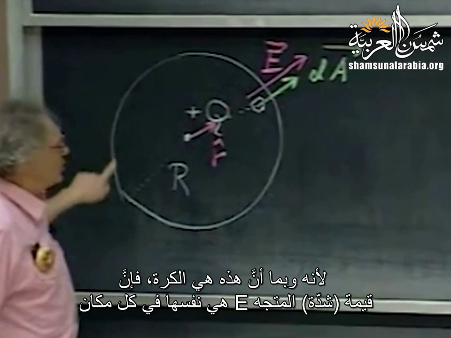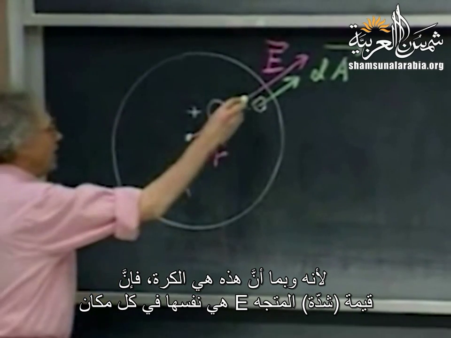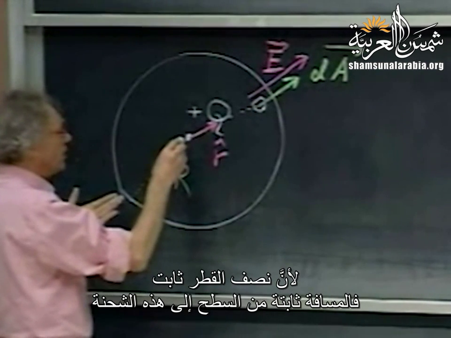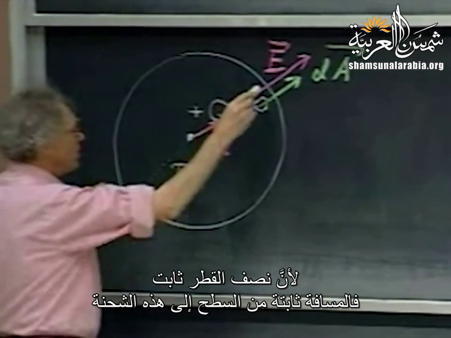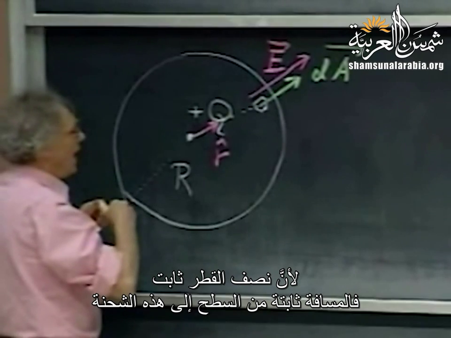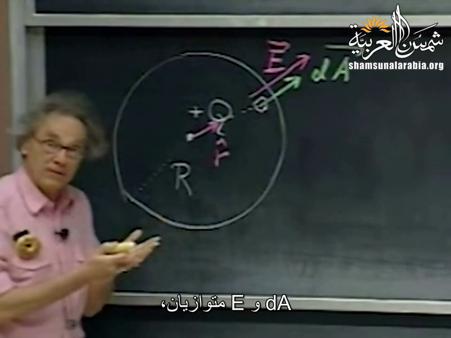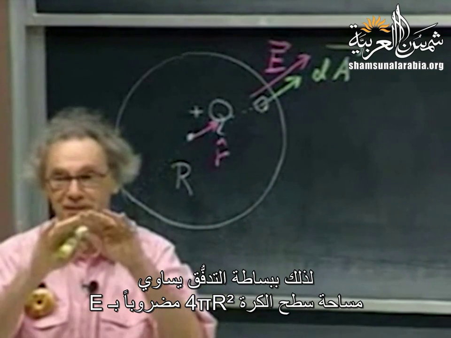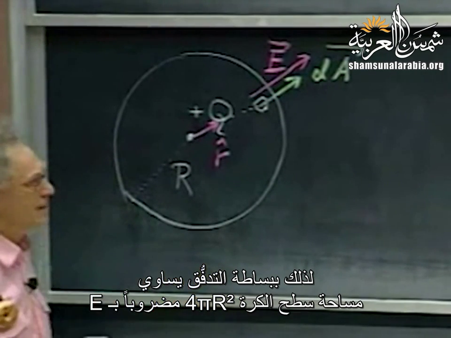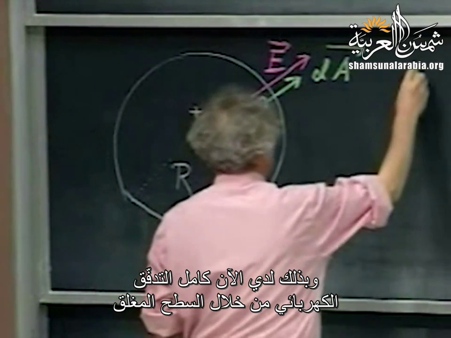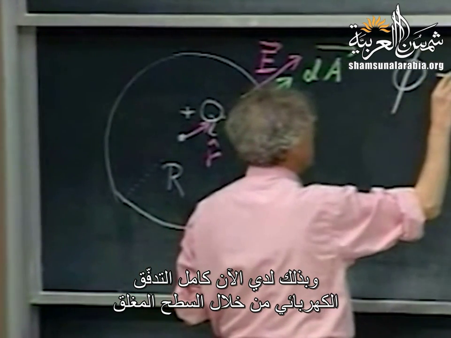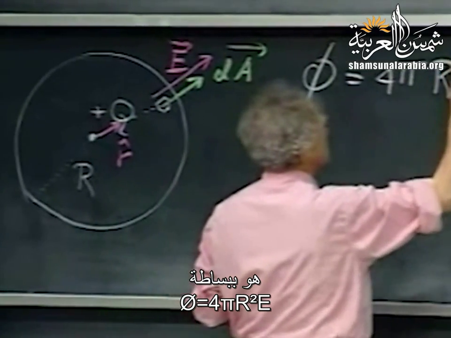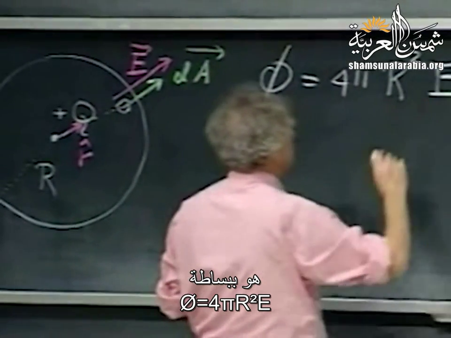Because since this is a sphere, the E vector in magnitude is everywhere the same, because the radius is the same distance to this charge, and dA and E are parallel. So it's simply the surface 4 pi r squared of that sphere times E. And so now I have that the total flux through that closed surface is simply 4 pi r squared times E.